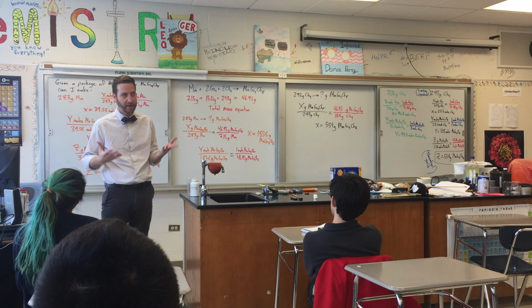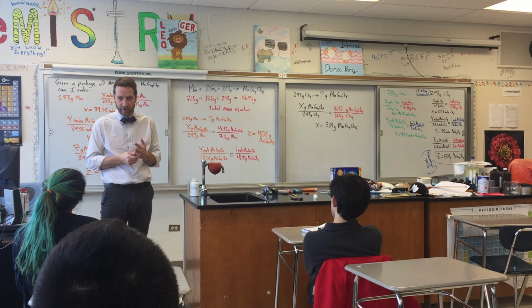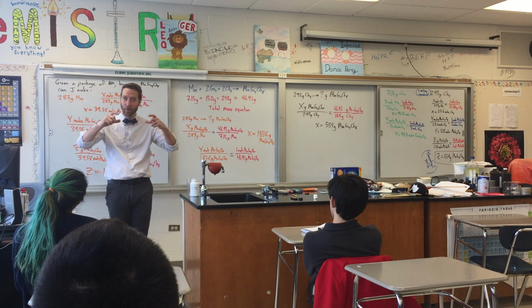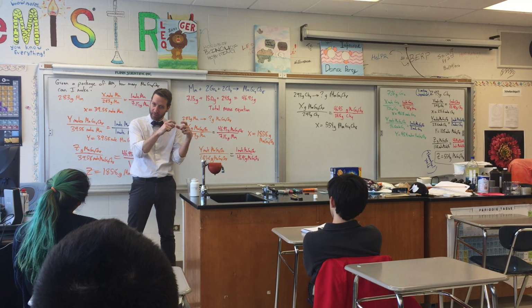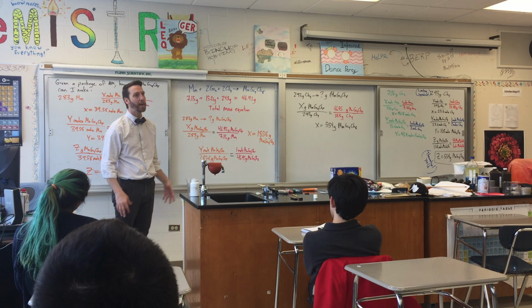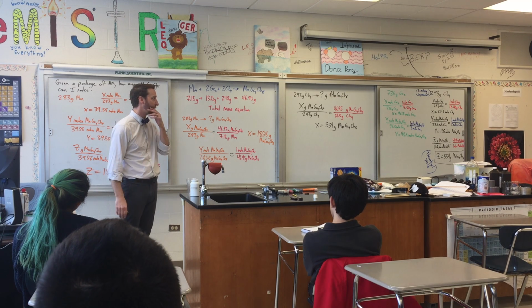If it makes more sense, do it. Whatever way makes more sense to you, that's the way I want you to do it. If it makes more sense not to set up a whole proportion, but just to take a number and multiply by one proportion, do it. There are even more ways than this to solve these, and I'm just giving you some options.